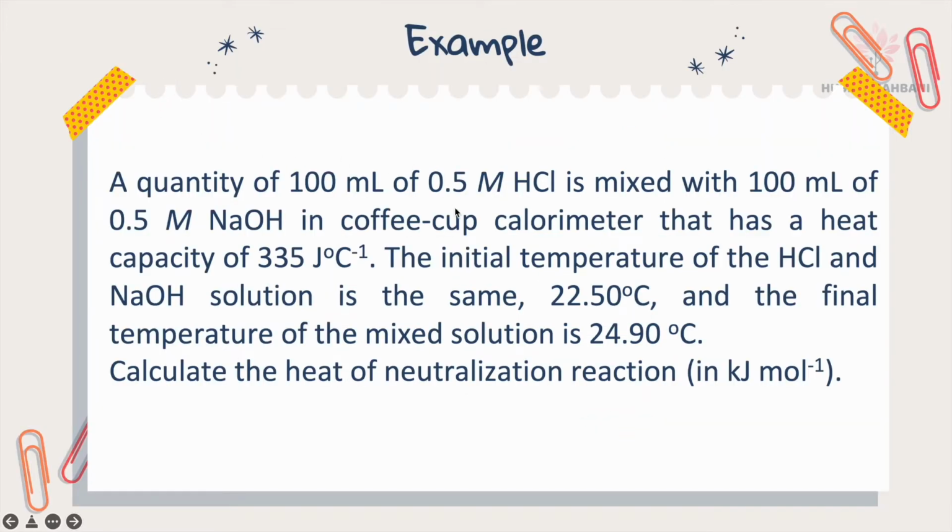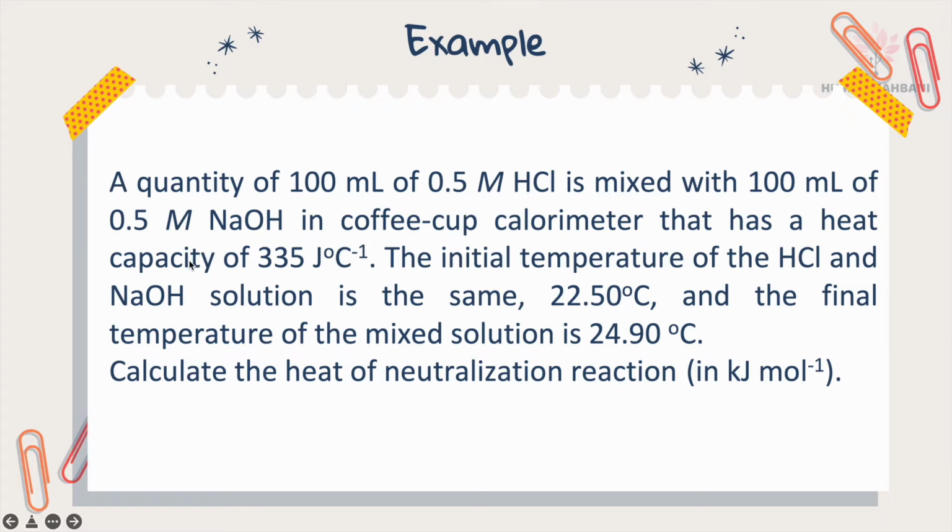Example: a quantity of 100 ml of 0.5 molar HCl is mixed with 100 ml of 0.5 molar sodium hydroxide. So this is the neutralization reaction, in a coffee cup calorimeter that has a heat capacity of 335 joule per degree Celsius.